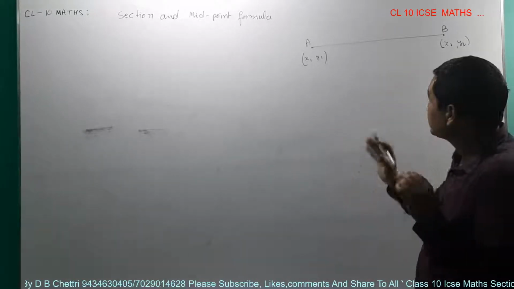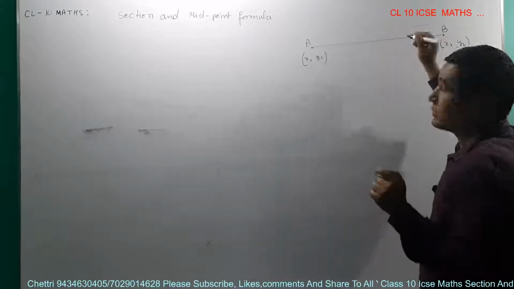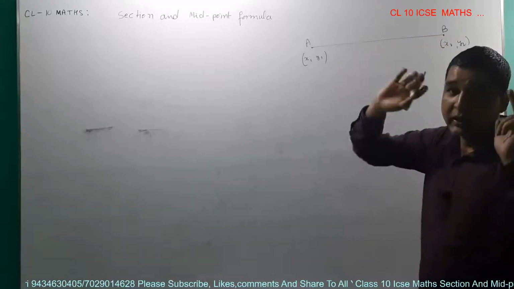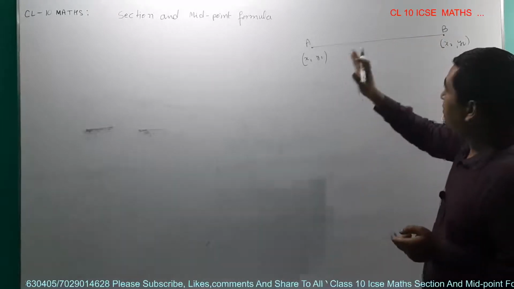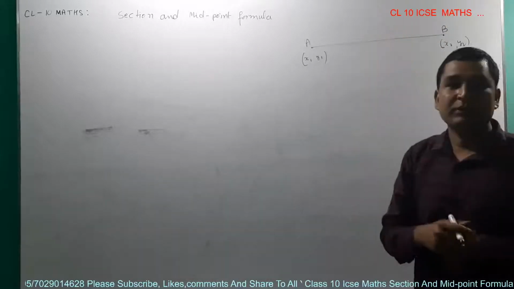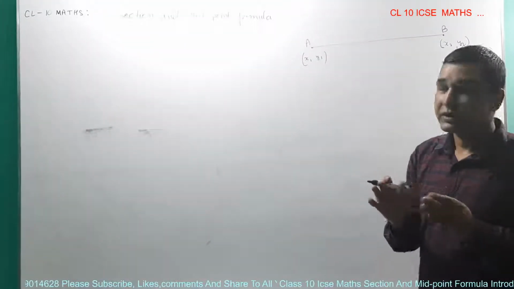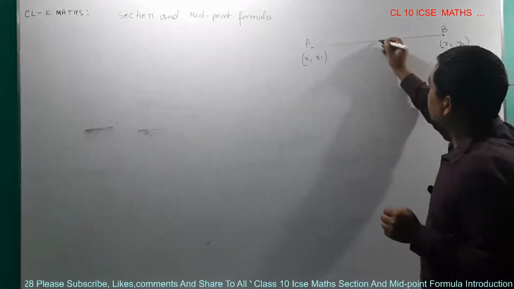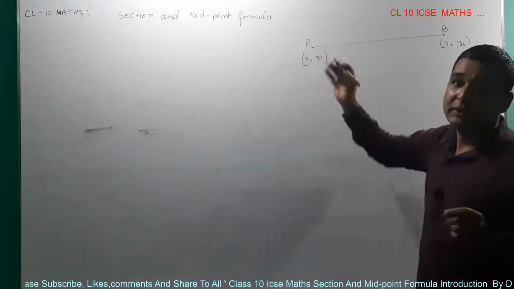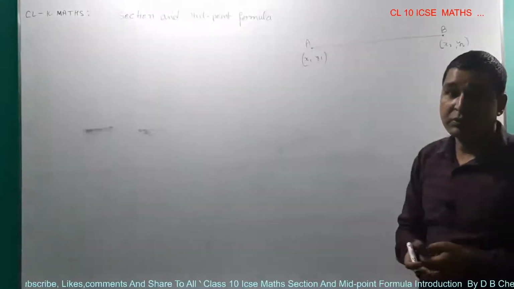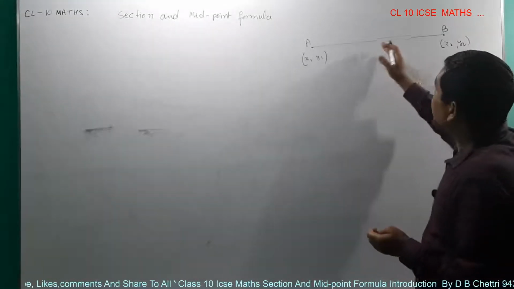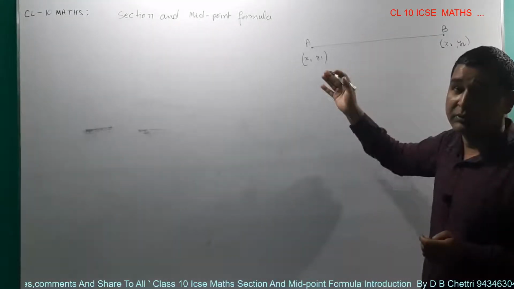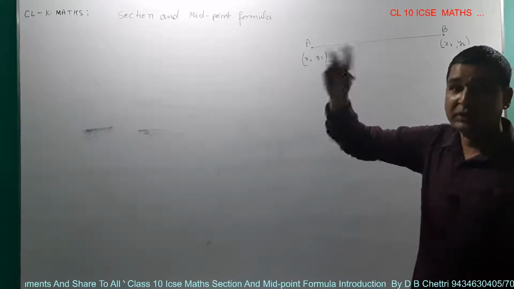Section formula means to break this line at any point. Midpoint formula means we have to break this line at exactly the middle of these 2 points. If you break this line at any point other than the midpoint, then we have to use the section formula to get that coordinate.